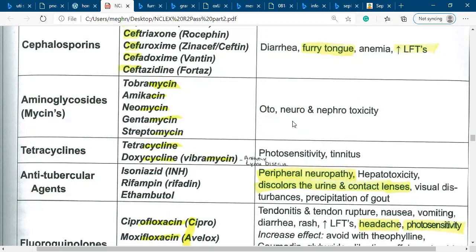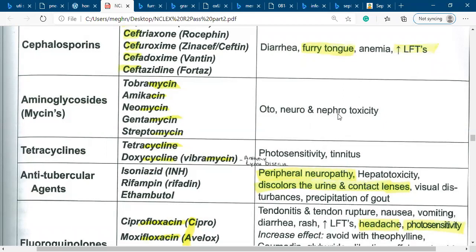As I told you, aminoglycoside causes ear damage, which is called ototoxicity, or they cause renal damage, or nephrotoxicity. So when you give this medication to the patient, you have to monitor for any kind of hearing problem like ringing in the ear or dizziness.